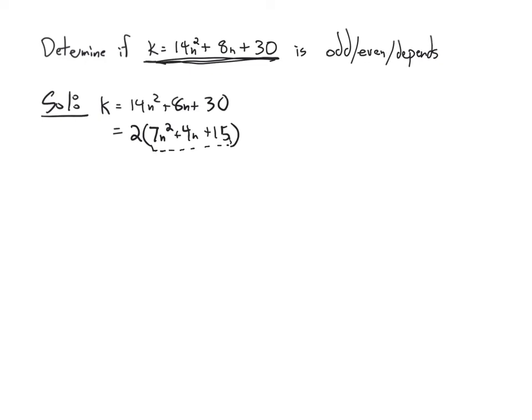So I can say, since 7n squared plus 4n plus 15 is indeed an integer, I know that k is even, since we wrote it as 2 times some integer. Remember, that's how we can write every even integer.